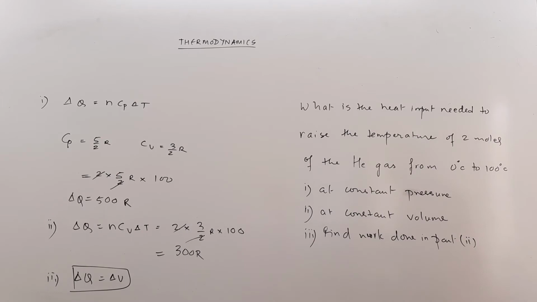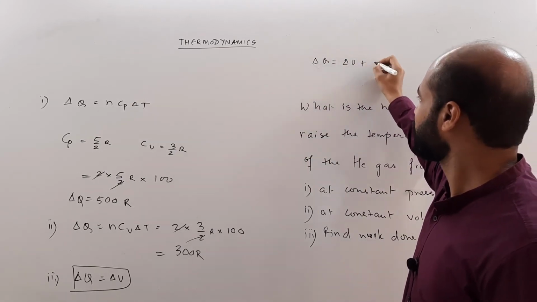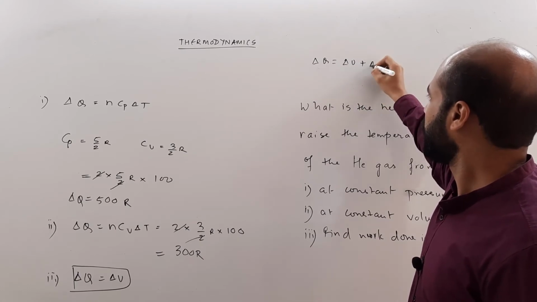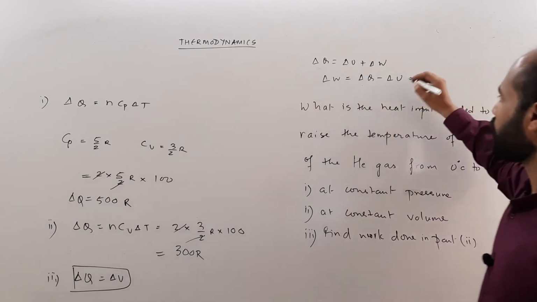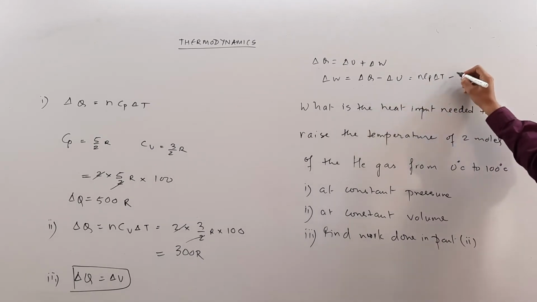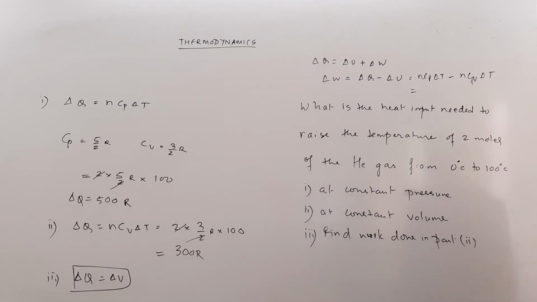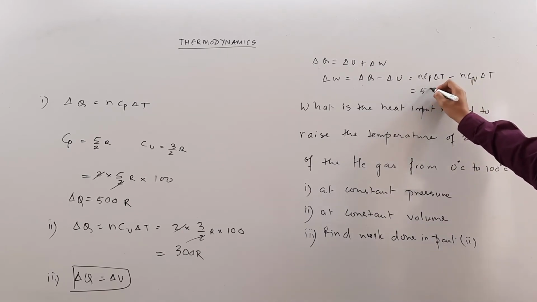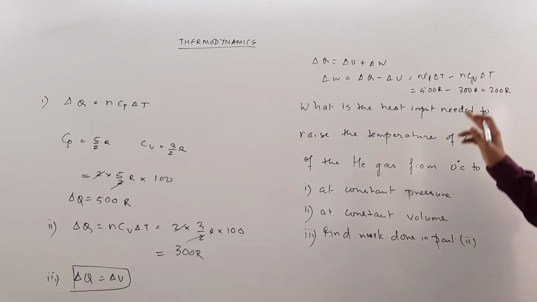However, if we want to find it at constant pressure, we have to again apply the equation delta Q is equal to delta U plus delta W. So delta W is going to be delta Q minus delta U. So delta Q, as you know, is n CP delta T, and delta U is always n CV delta T. We know already that n CP delta T is 500 R and this is 300 R. So the overall answer that we get is 200 R. 200 R joules, that is going to be the answer for the constant pressure process.